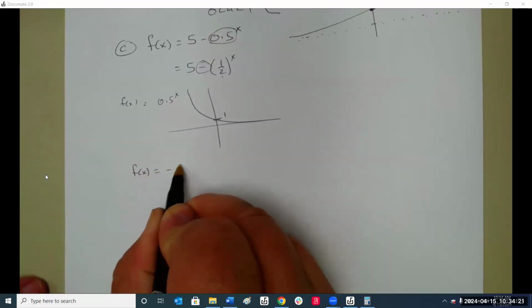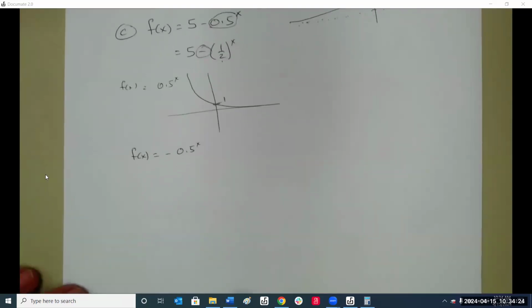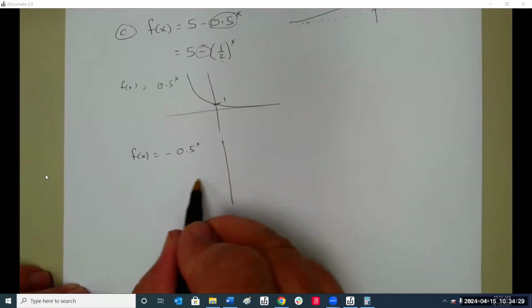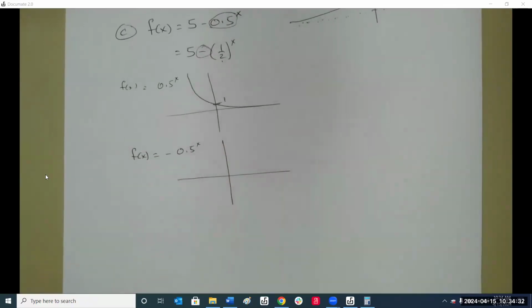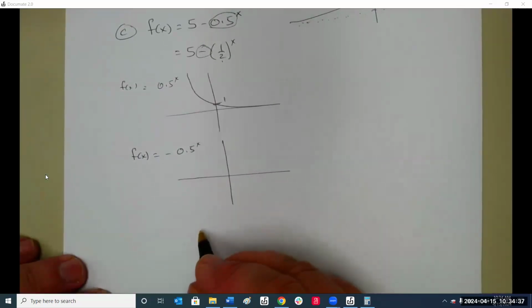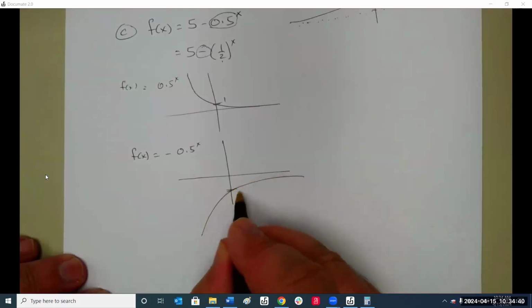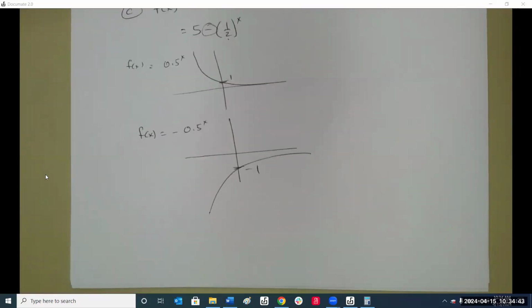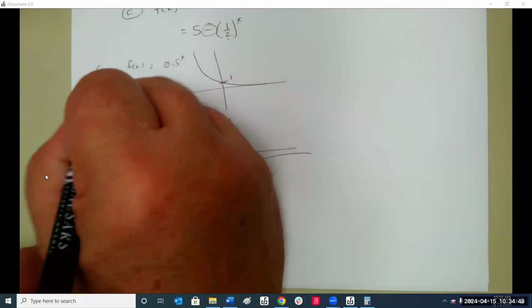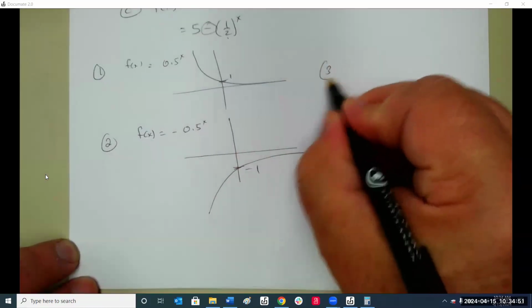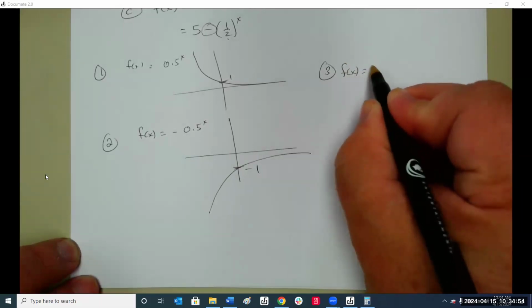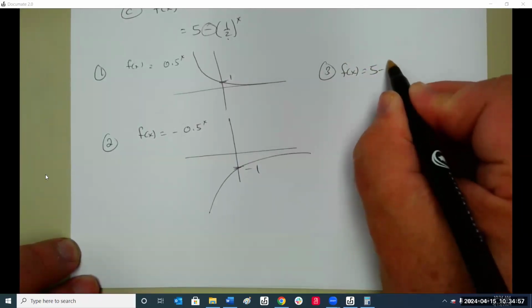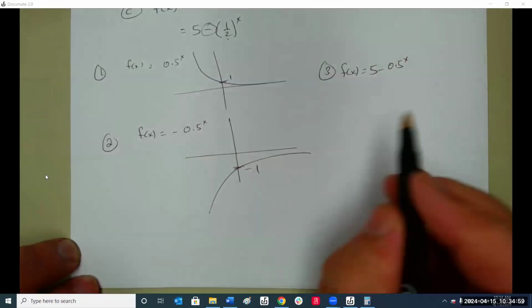Is it inside or outside the function? Outside. So it affects the y values. It crosses at -1. This is 1. This is 2. Now, what happens to the entire function when I have a 5 in front of it?